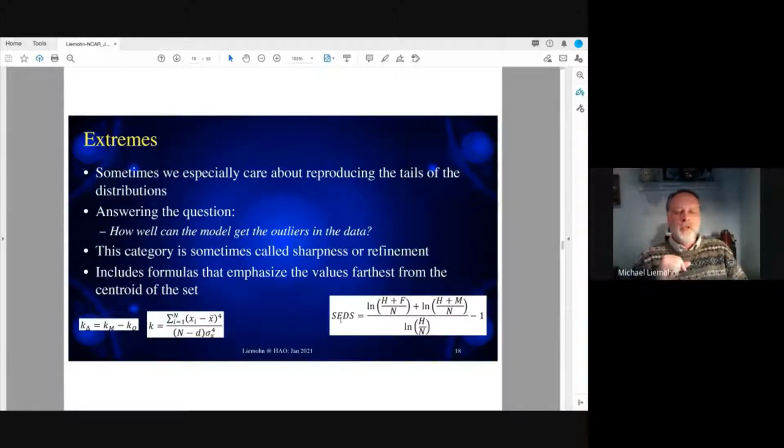In event detection, if you really have rare events, but you only care about actually getting the event, not the values of it, then I like this one. The symmetric extreme dependency score is a really good metric for it. This one is really nice because it emphasizes the hits using these natural log functions in a way that it becomes very sensitive when hits are very rare. The more hits you have, the less sensitive SEDS becomes.